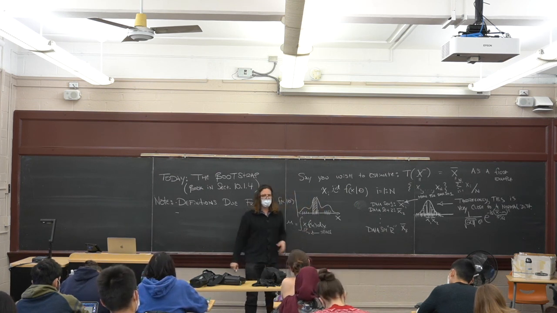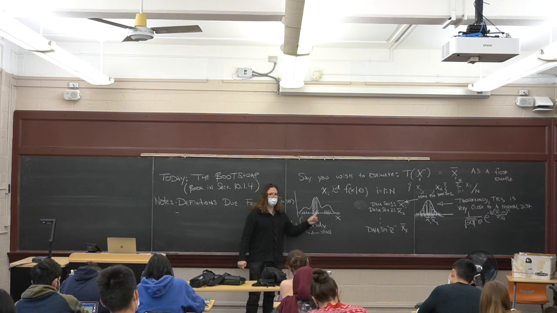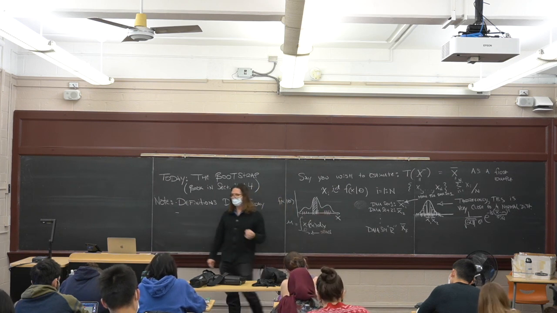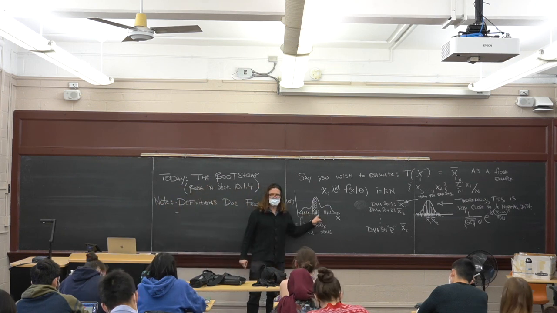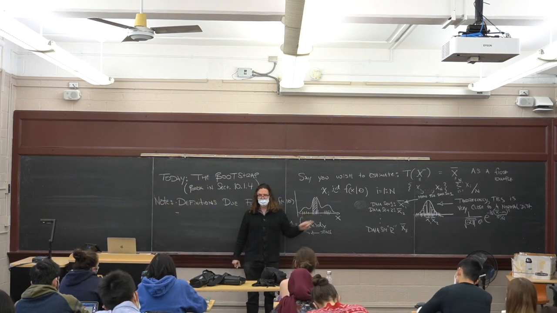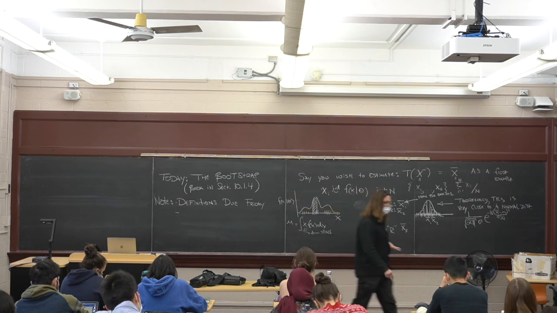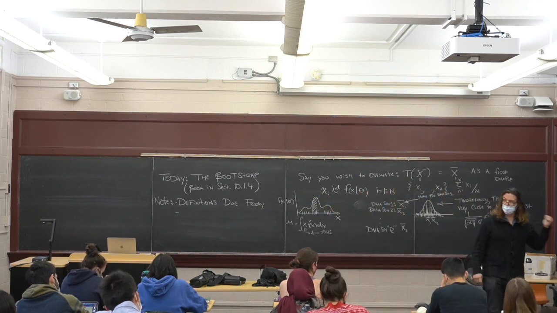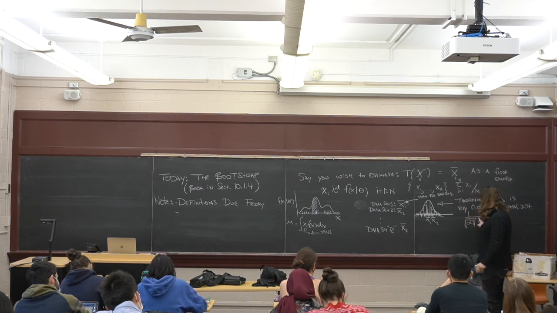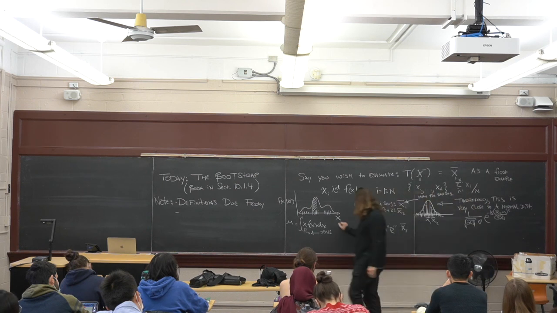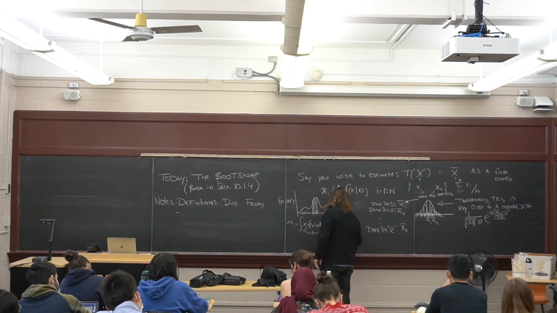The associated variance, sigma squared, will be the variance of this distribution. I'm going to assume not only that this has a mean, it also has a variance. If there aren't variances, this result won't hold. So this is the variance for the original distribution: the variance of x is equal to sigma squared.